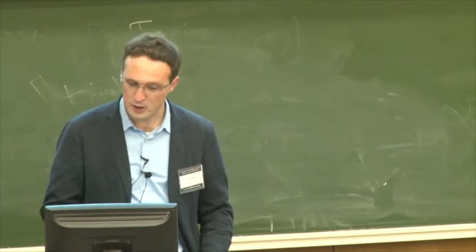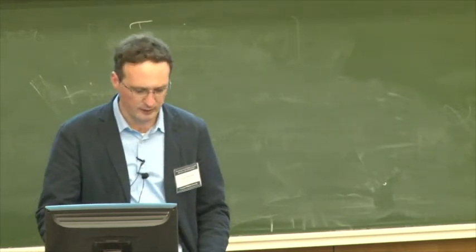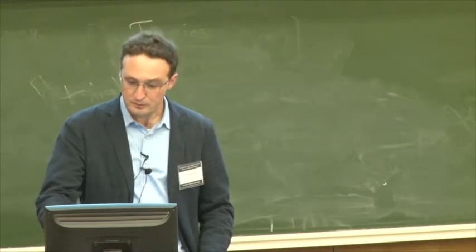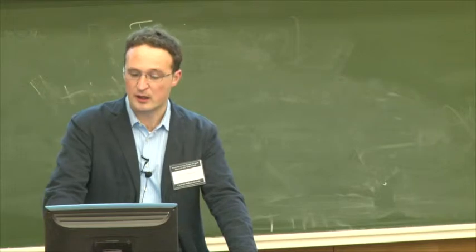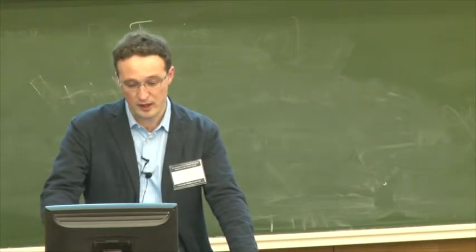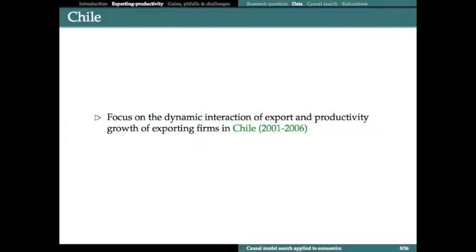First of all, about the data, before talking about the method used. The focus here, our data, is about Chilean firms, actually Chilean plants, and we try to find out the interaction of exporting and productivity of Chilean plants in the years between 21 and 2026.